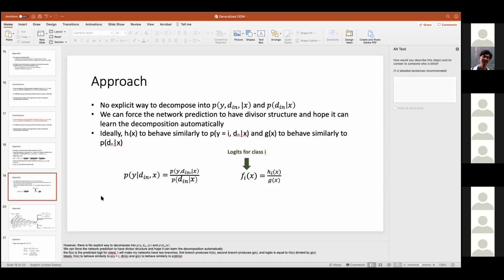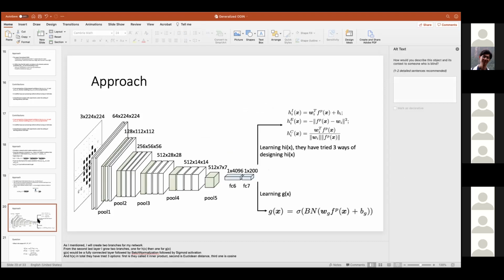So that's your point. But it's just the form, but as long as it controls gx always between 0 and 1, and hx always within 0 and 1, they're supposed to be.